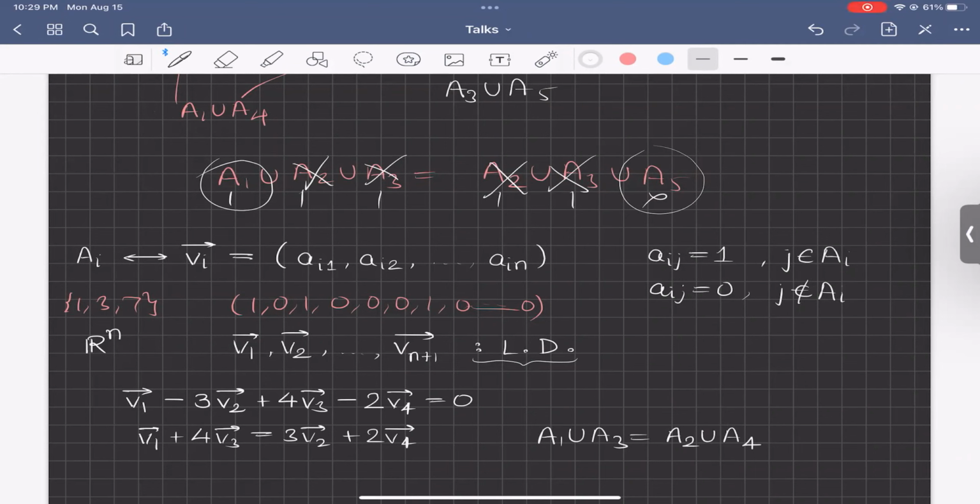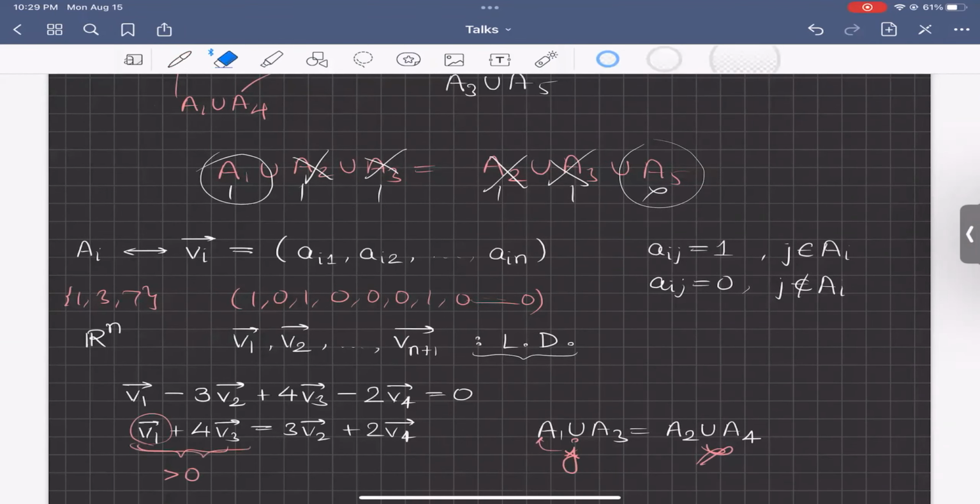And why is that? Because if it isn't, then how would they cancel? Exactly. Because if there's some element j here which is not on the other side, then look at the jth component of this vector. Here it would be positive because these vectors are ones and zeros only. If there's a j in A1, for example, then this would have a 1 in that position.